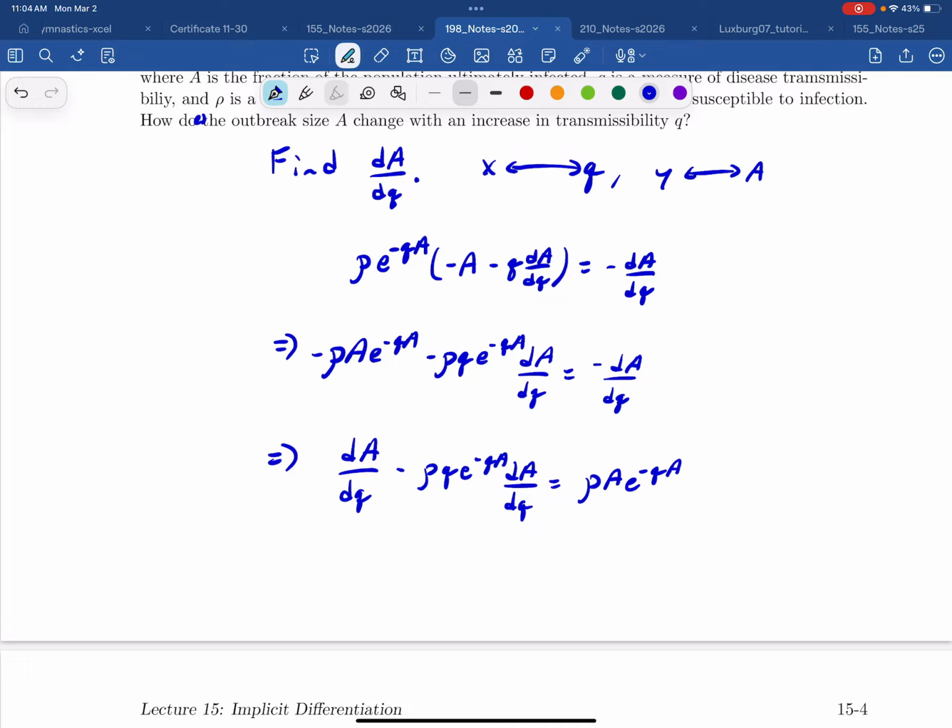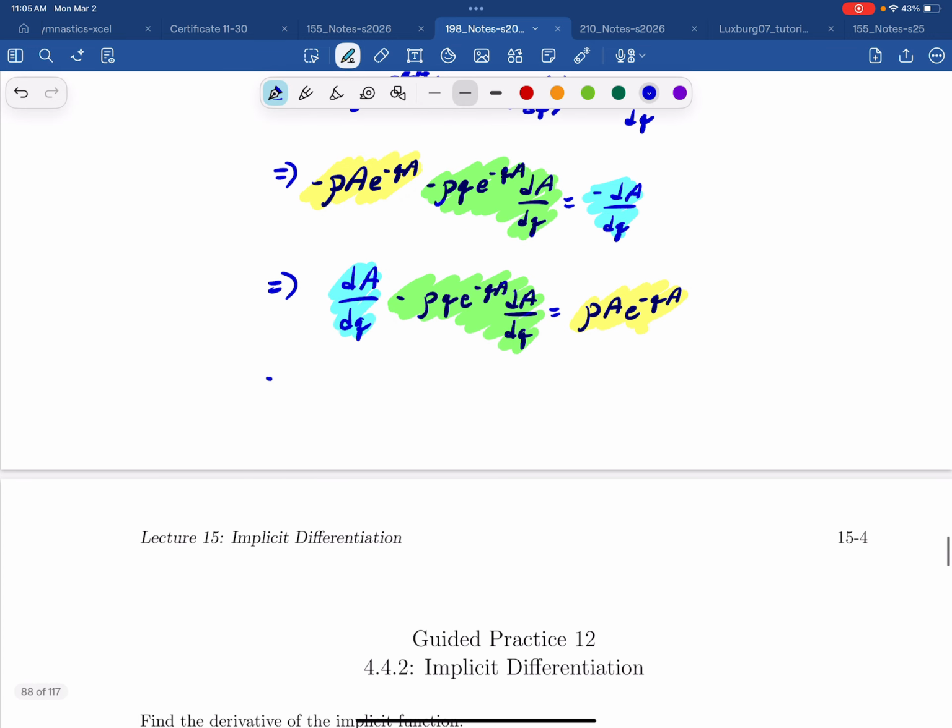Just to be clear, because it can be tough to keep track of all these terms, this guy went here, this guy stayed put, and this guy came over here, but we added it over, so you see how the signs switched. And so anyway, you just factor out that dA over dQ, divide, and you wind up getting that this equals rho A e to the negative QA all over 1 minus rho Q e to the negative QA, and that's it. And we're done.